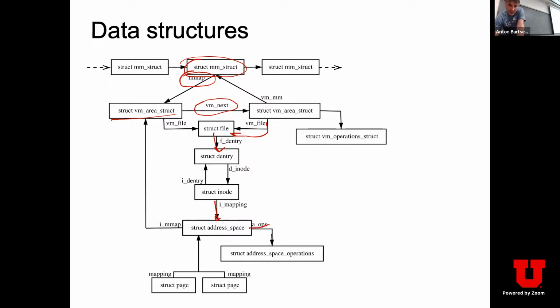This address space will have a_ops, a pointer to a collection of function pointers which implement the interface of this address space, and those are the functions which allow you to write data back to disk. Different file systems can implement those functions differently, so there is polymorphism there, right? That's important to understand.